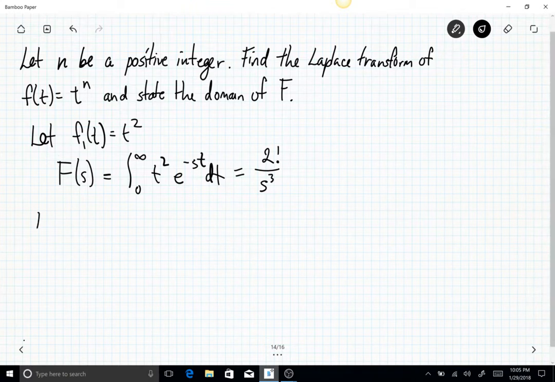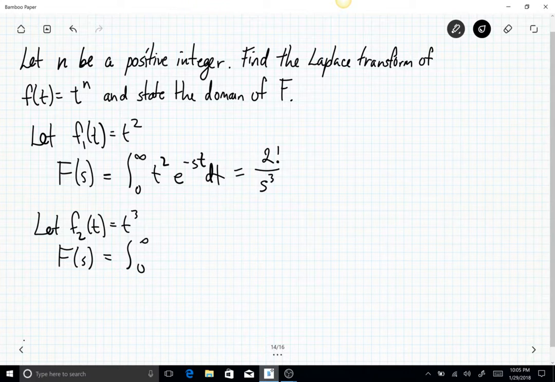If you let f2 of t equal t cubed, then you get f of s equals the integral from 0 to infinity of t cubed e to the negative st dt, and then you can get 3 factorial over s to the 4th, right?